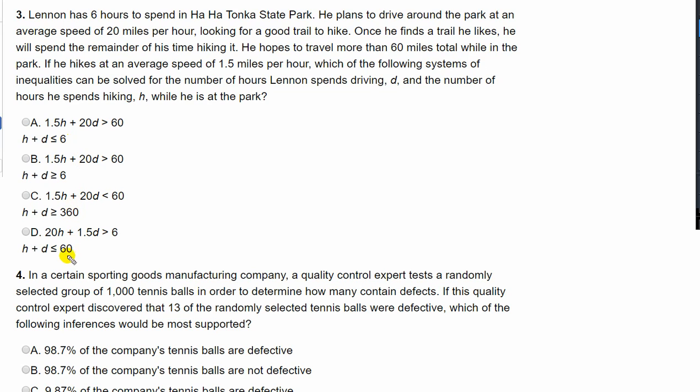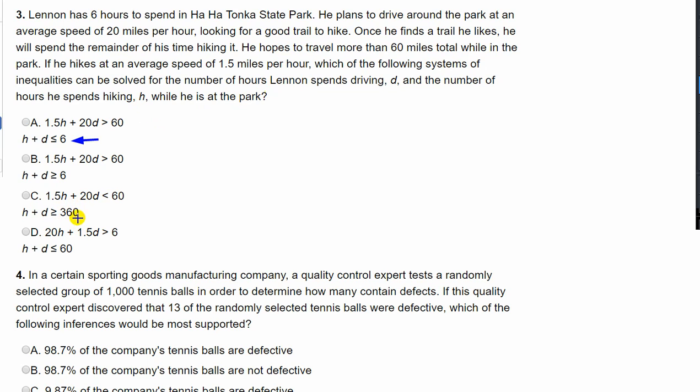So if you look at these 4 possible answers, only this one meets the requirement. In other words, this should be the answer, because this one is in terms of 360, but bear in mind D and H are in terms of hours.